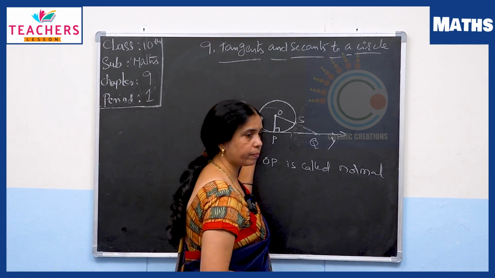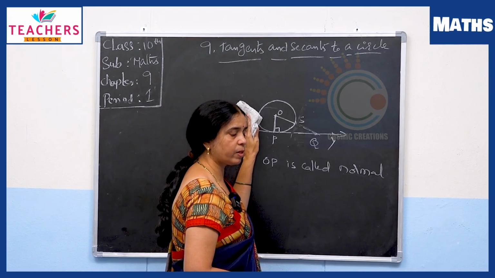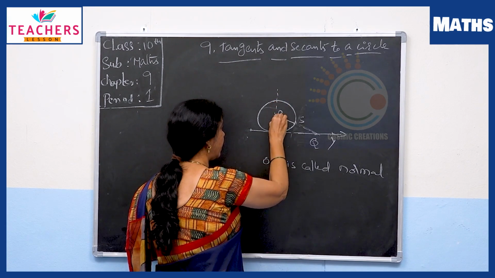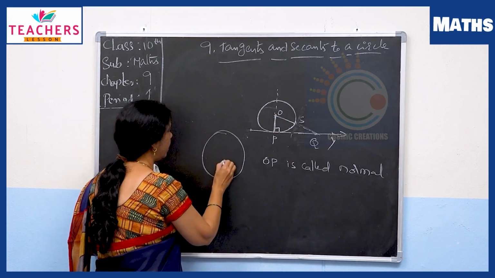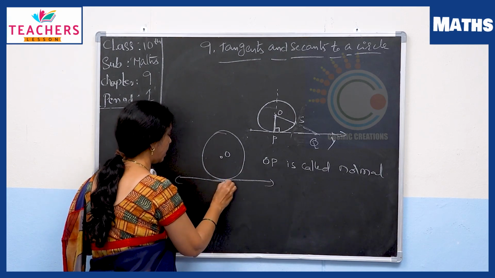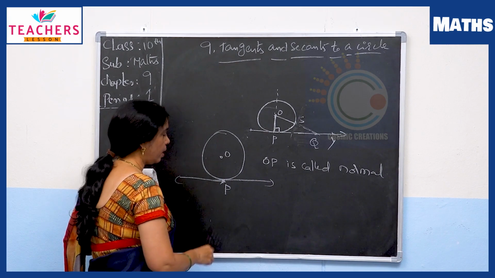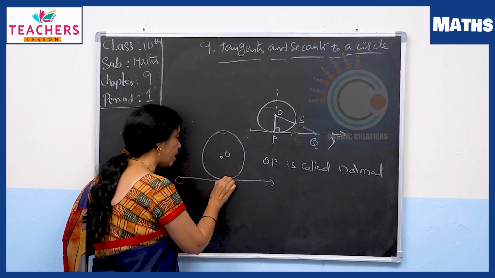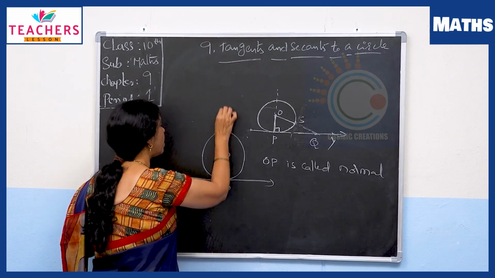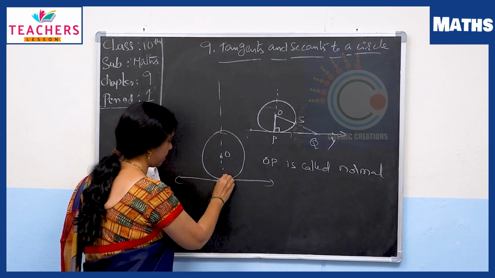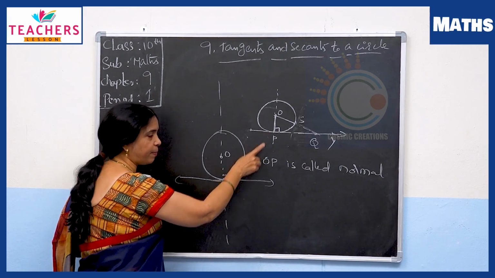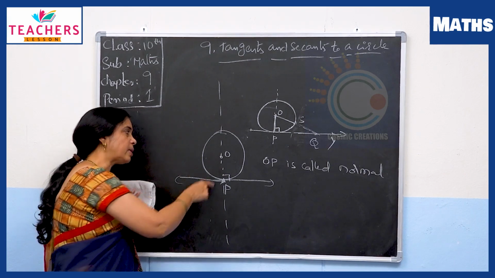Madam, at the time you told that it passes through the center? Yes, it will. Any line, now this is the tangent, and this is the point of contact P. Any line perpendicular to the tangent at the point of contact passes through the center.